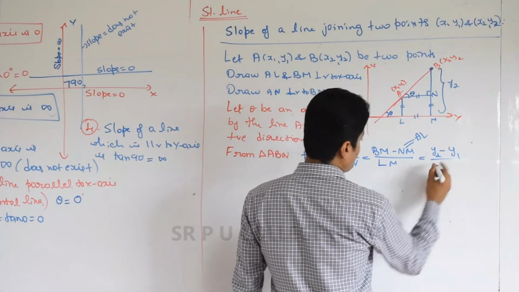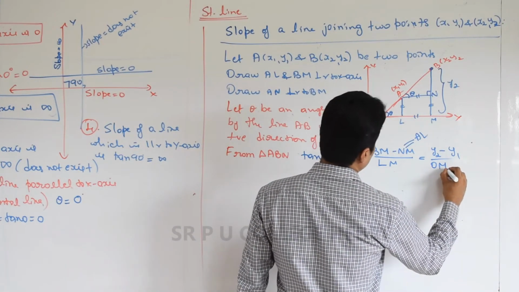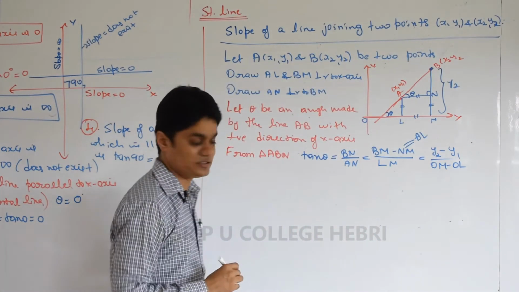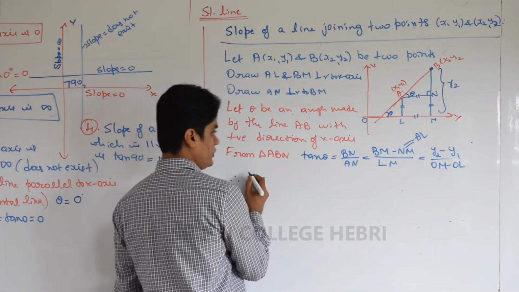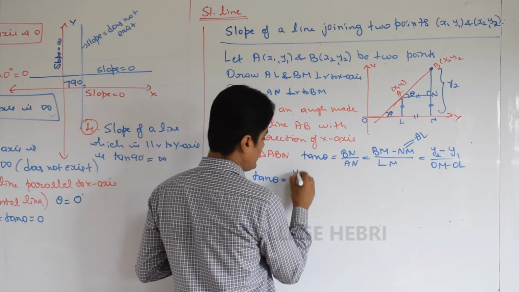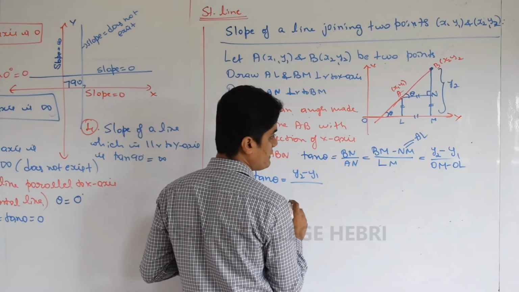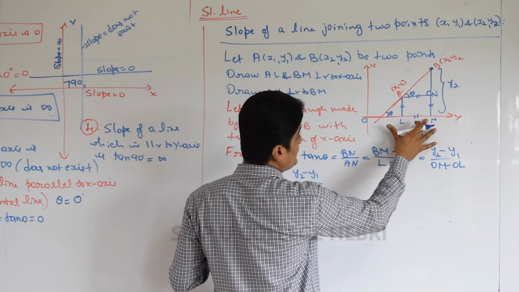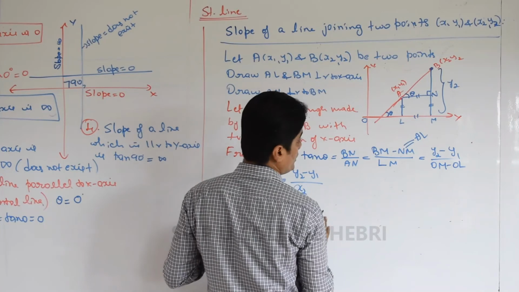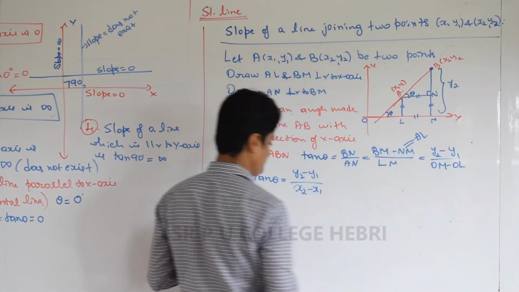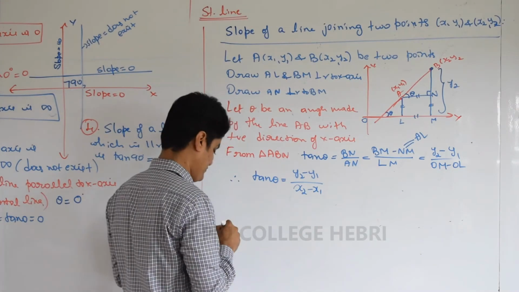And LM can be written as OM minus OL. So therefore tan theta is equal to y2 minus y1 divided by OM, the x coordinate of the point B, which is x2, minus OL, the x coordinate of the point A, which is x1. Correct? Yes, we got the answer now.